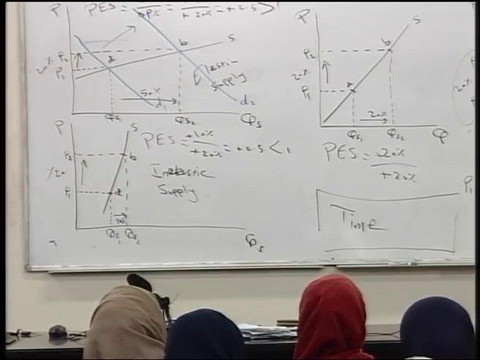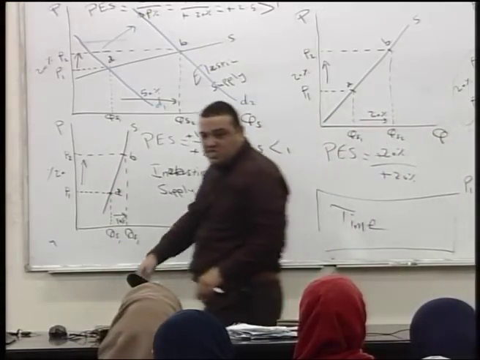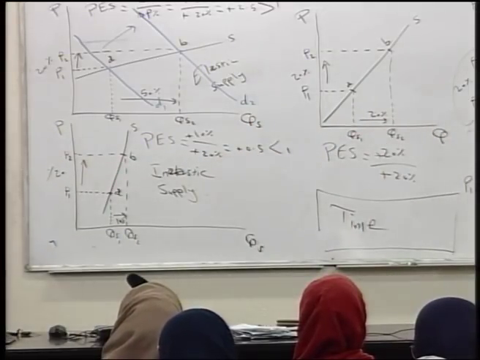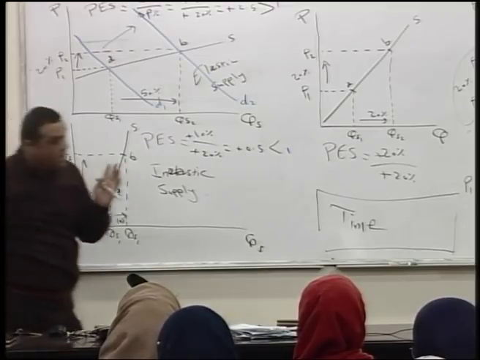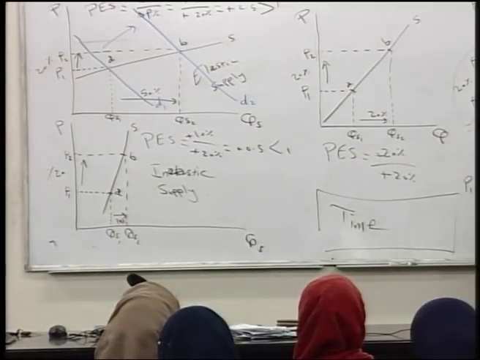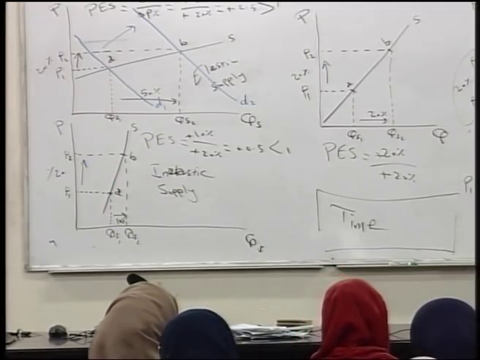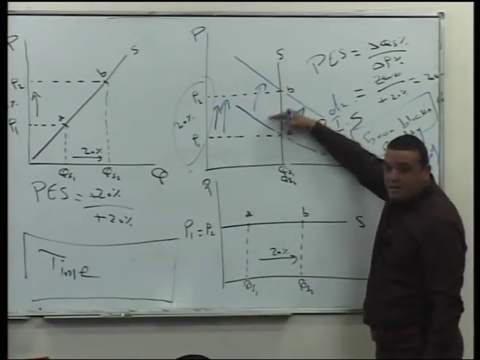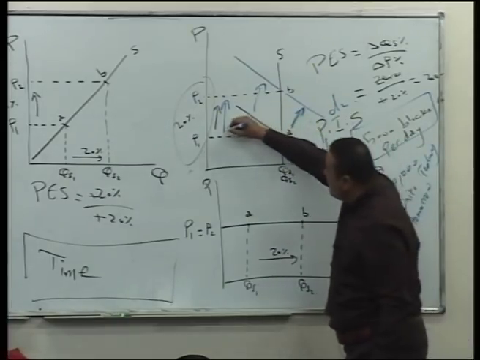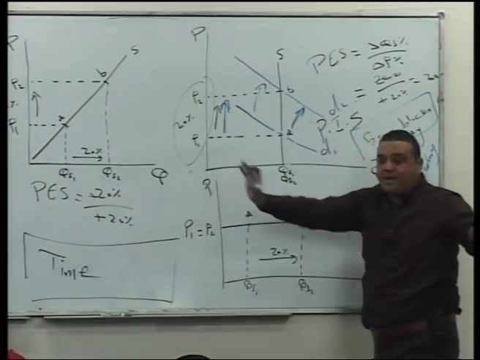In the very short run, increasing demand leads to increasing the prices only with no changes in the quantity produced. So if the supply curve is perfectly inelastic or vertical, an increase in demand leads to an increase in the prices only.